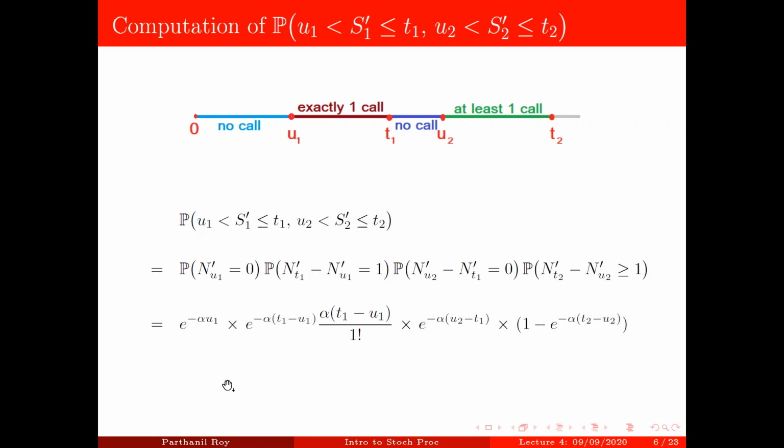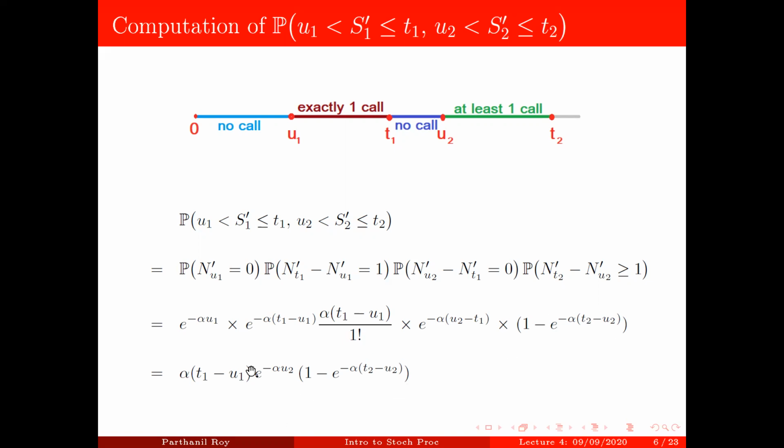And after simplifying, we'll see that, for example, this will cancel with this thing, this will cancel with this thing here, this will cancel with this thing here, and so on. So we'll be left with alpha times U2, which is here. Okay, this U2 is there. And alpha times T1 minus U1 will come from here, and the rest will be this here.